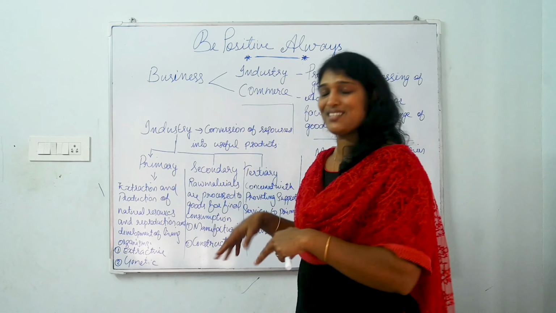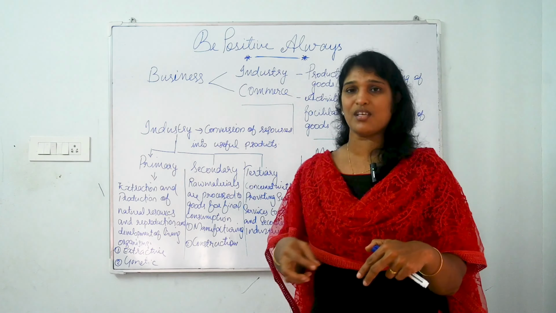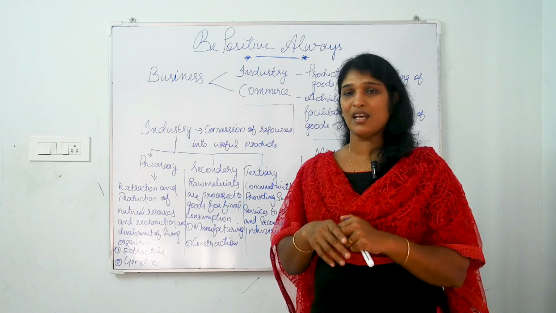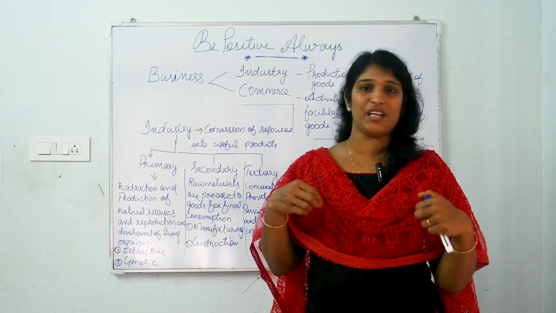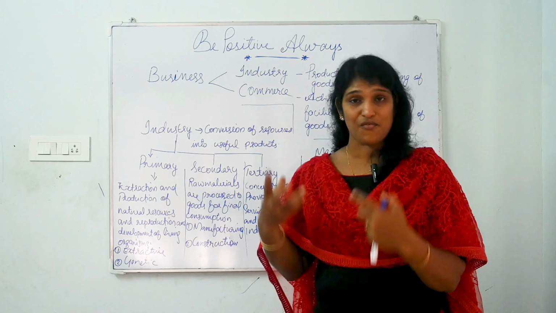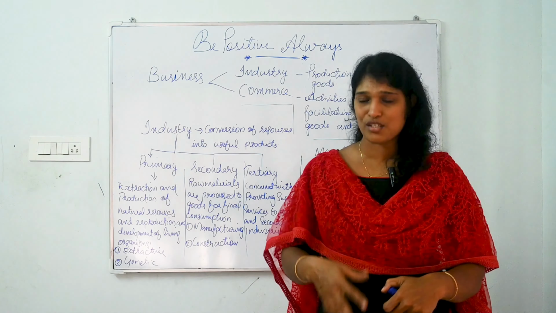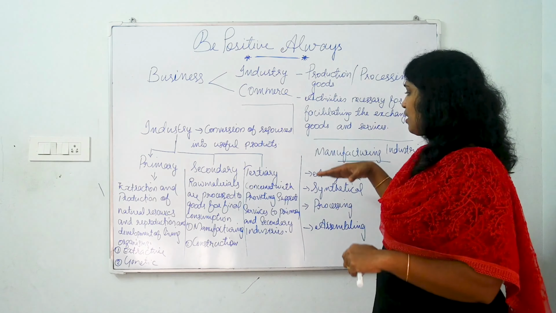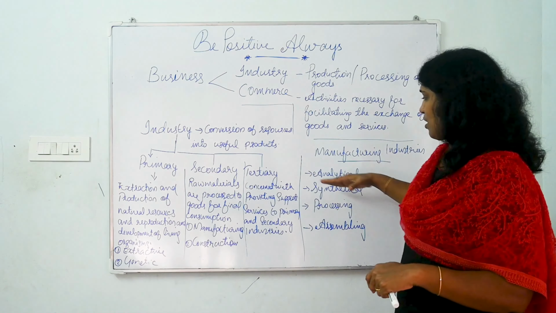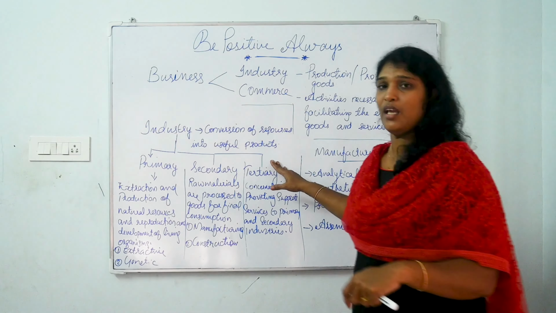They need to store the resources somewhere, that is warehousing. Then to buy these raw materials they need money, so financing, and to safeguard these things we need insurance. So all such activities which support the primary and secondary industry come under tertiary industry.